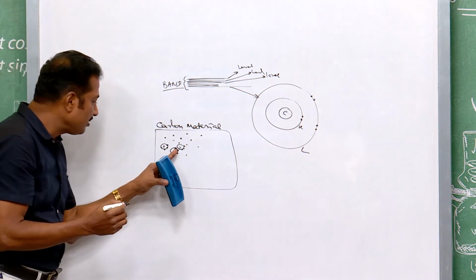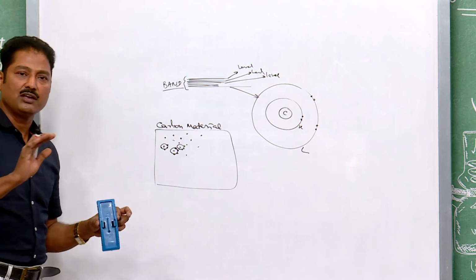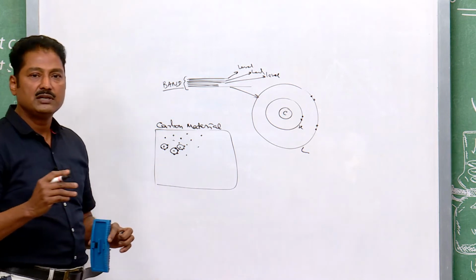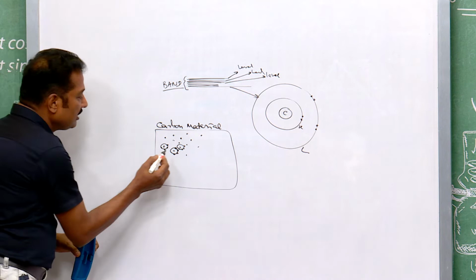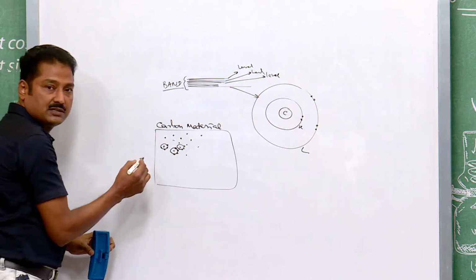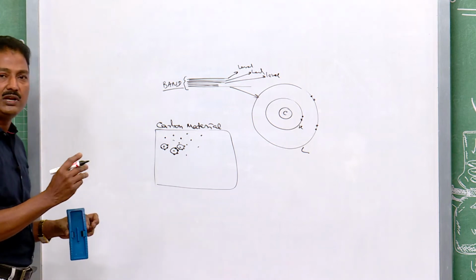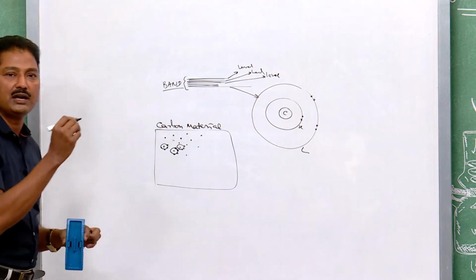These valence electrons are surrounded by other electrons and other ions. So, this electron will interact with other ions, other electrons, and the neighboring charges surrounding each valence electron will affect the energy of each electron there.